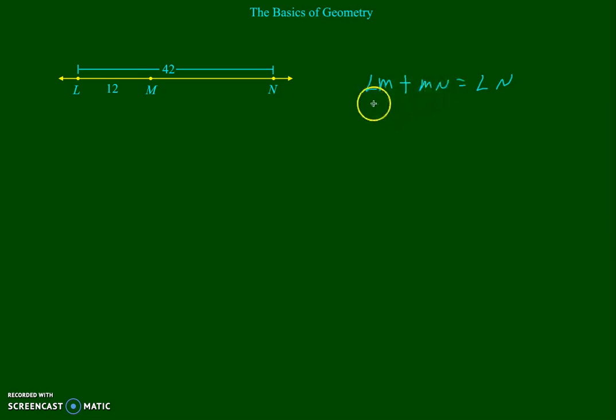Putting in our values, LM is 12, plus MN is our variable, equals LN, which is 42. We subtract 12 from each side, MN equals 30. So that's the segment addition postulate. Let's move on to the next idea.